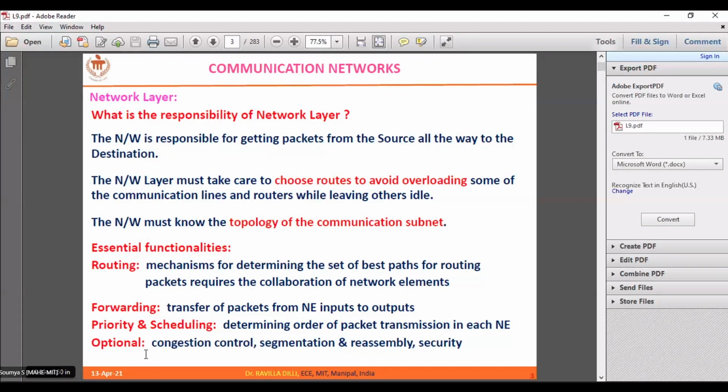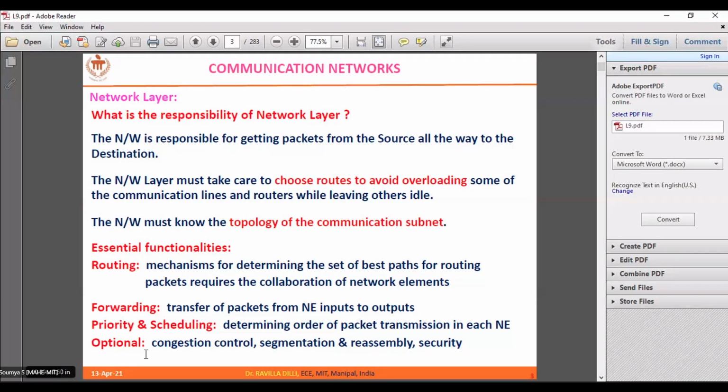Then priority and scheduling. You have to find out what sort of packet it is. Is it something that has to be delivered to the destination immediately without any delay, or is some delay allowed on that particular packet? For example, when you make a video call or an audio call on WhatsApp or any of these applications, these are high priority, where you do not tolerate delay.